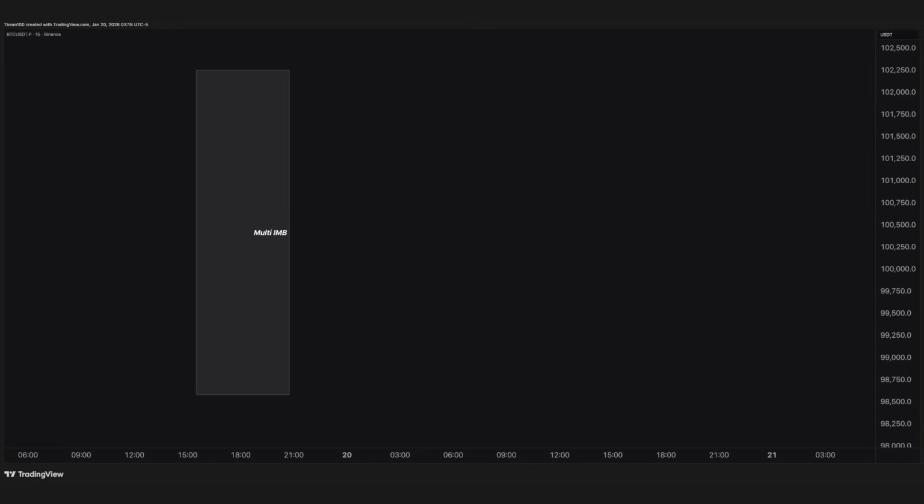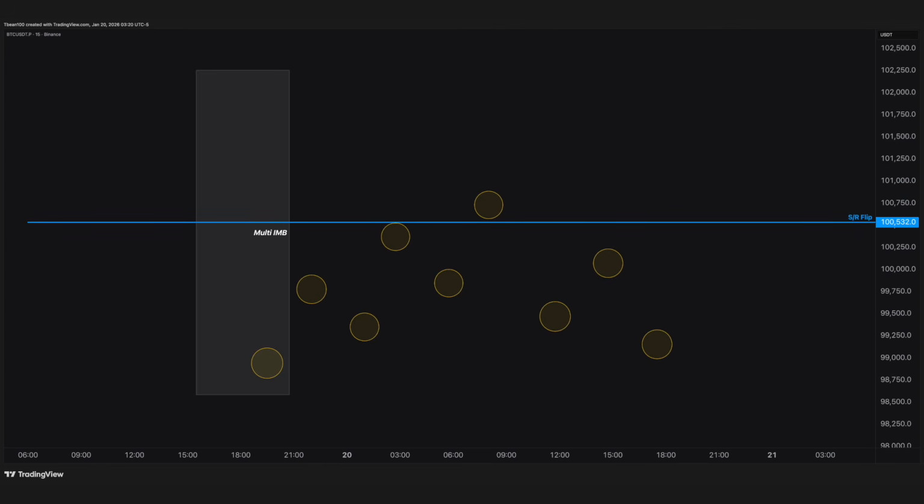Let's talk about multi-imbalance areas and how to look for possible trades inside these areas. What we do here is actually not that overly complicated, but the problem is that things do not always happen the way I want them to happen. For example, ideally, seeing an SR flip area along with the special structure movements inside these imbalance areas would be great to see.